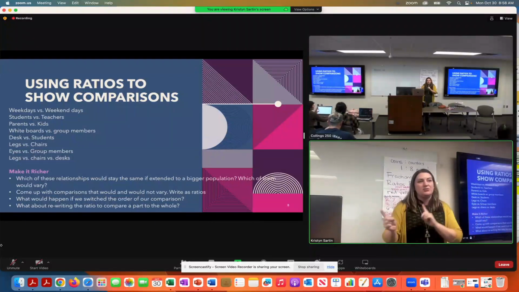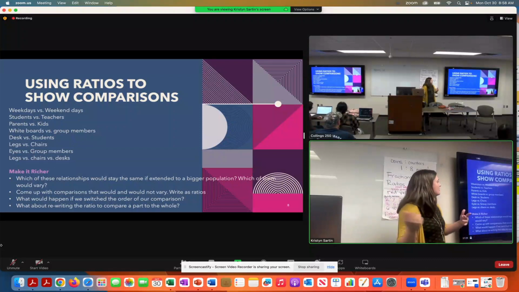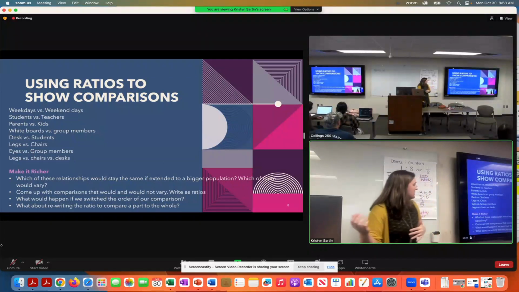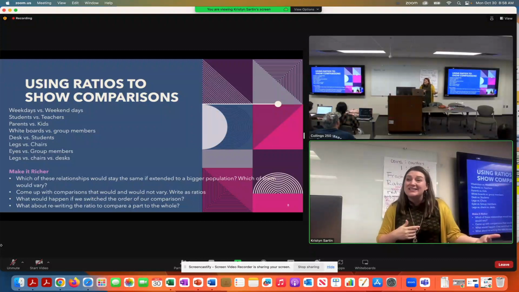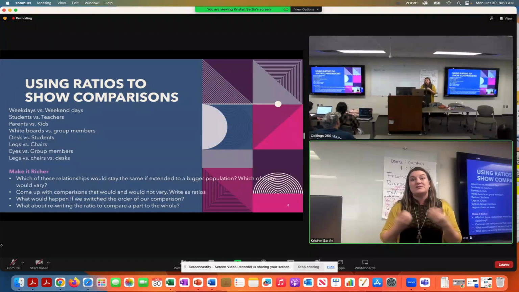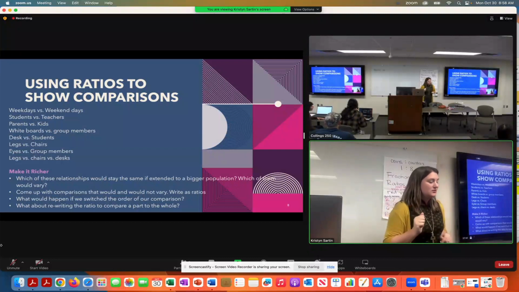Pick one that you and your partner, the person next to you, can figure out your responses to. And then be prepared to share one other idea that might relate to your students' interests or experiences. That would be a good ratio, a good relationship for them to think about. Okay, go.